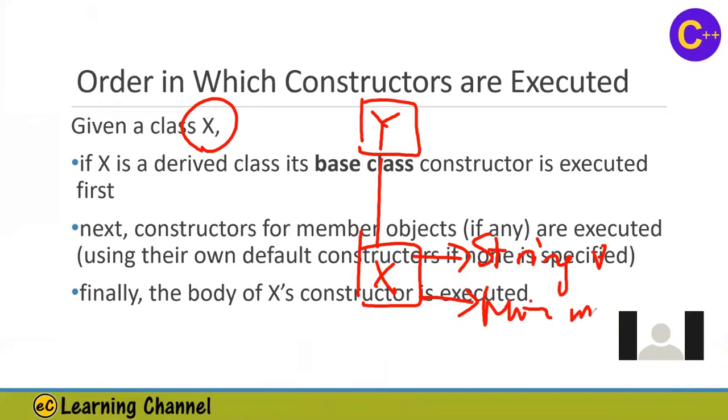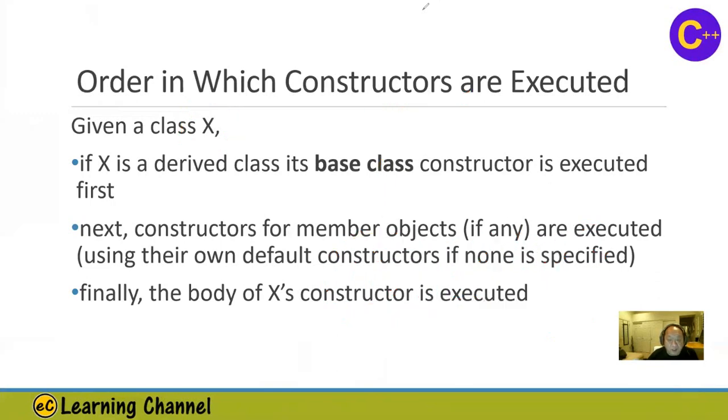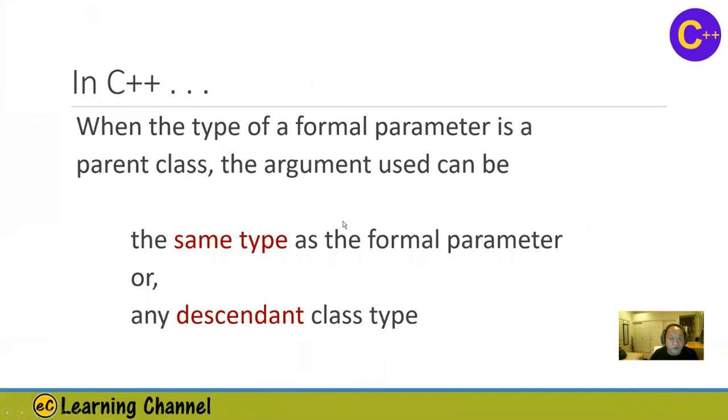So with this, you will run Y's constructor first, and then V and M, and then at the end run S. Okay. The initialize is data field first. So that's the way it is, even though the string and the matrix are not in the inheritance structure for the class.